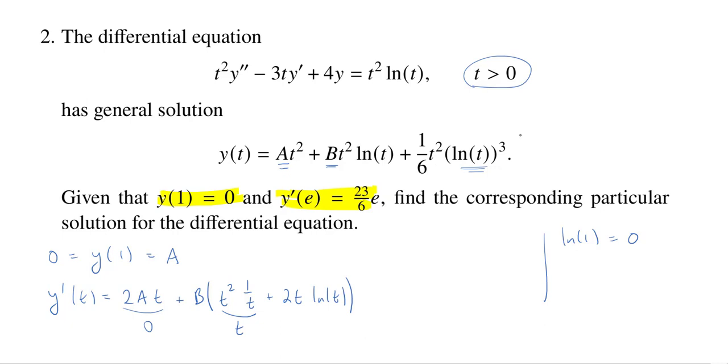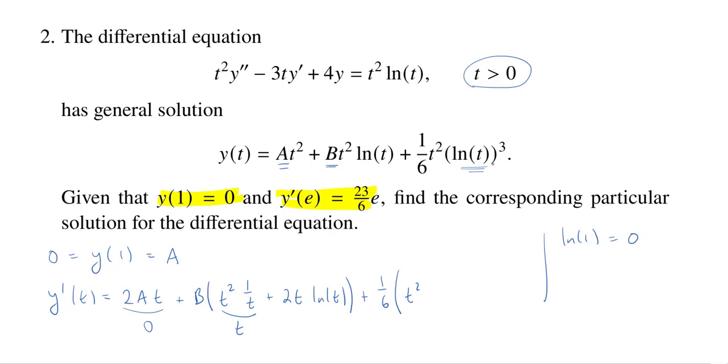Now I need to do this bit. Plus, I have a 1/6, and again we're going to have to use the product rule, and it looks like even a chain rule is coming. So I have t squared, and then I need to multiply by the derivative of the cube of ln of t.